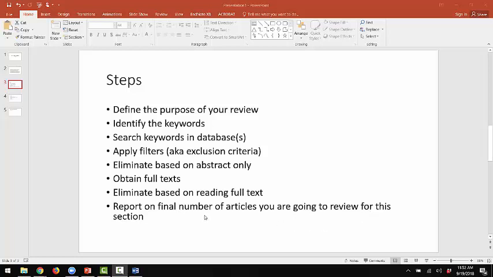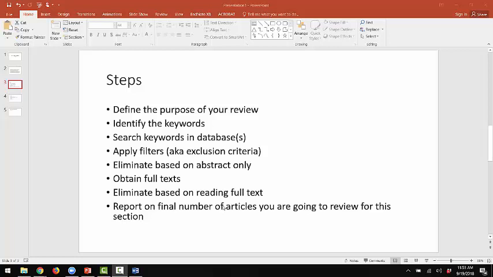So everything that you have left, those are what you're going to include in your review of the literature. You're not going to, from the total number of articles that you say you have at the end, report out on those. Don't keep eliminating or excluding after you've said, I have these 12 articles that I am going to use for the review of my literature section.